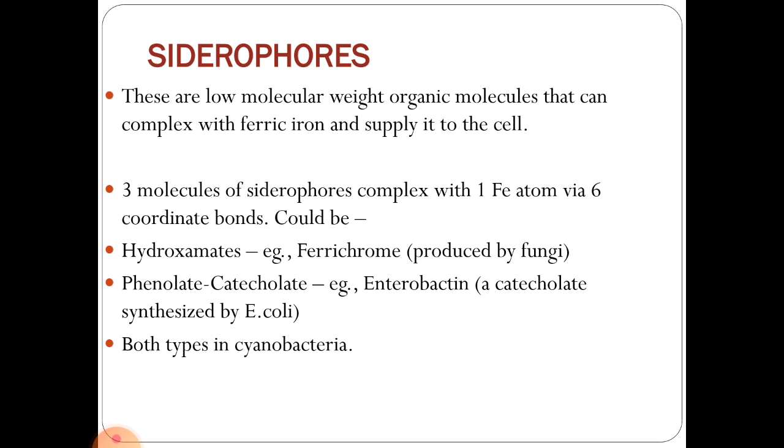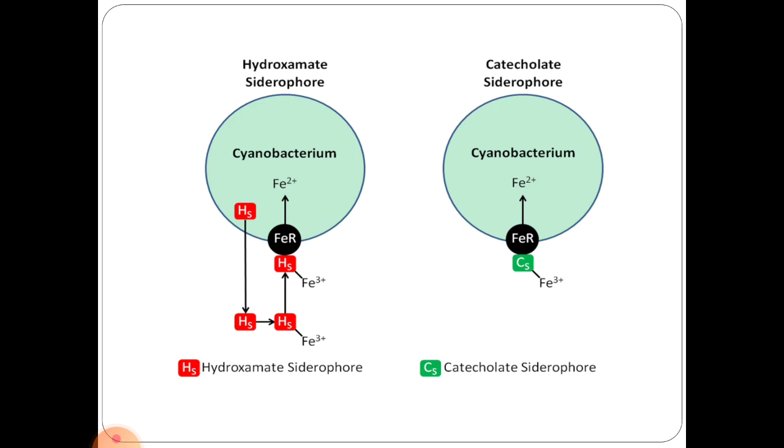Siderophores are of two types, hydroxamates and phenolate catecholate. Hydroxamates, example ferrichrome found in fungi. Phenolate catecholate, example is enterobactin produced by E. coli, while both the systems are produced by cyanobacteria. In the picture we can see both the systems present in cyanobacteria.